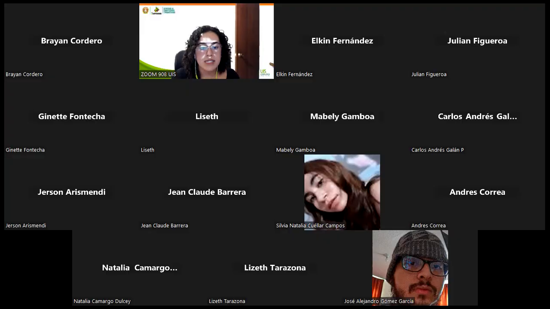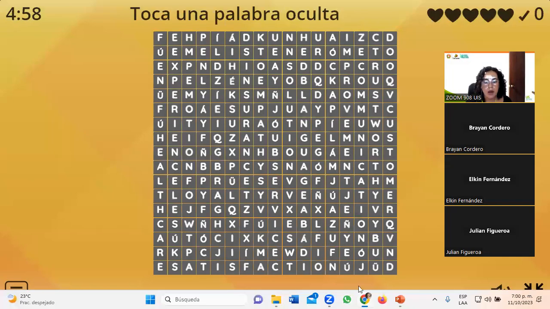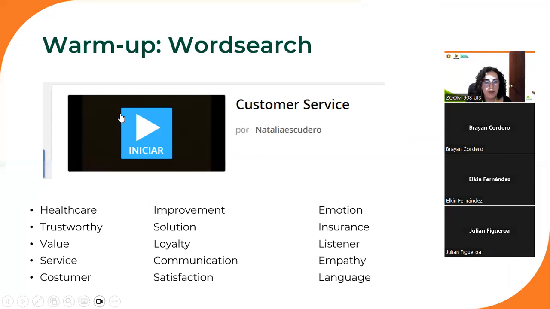All right, so that's the word search. I will leave the words that you need to find on the screen. I'm giving you 5 minutes to complete it. These are the words that we need to find in the word search, and then we will continue with the activities.